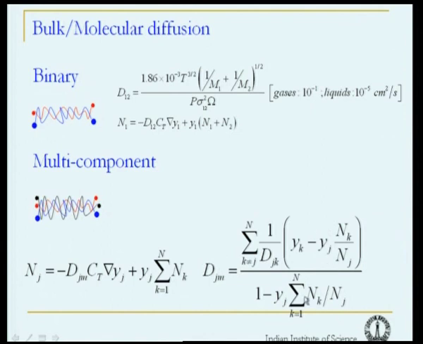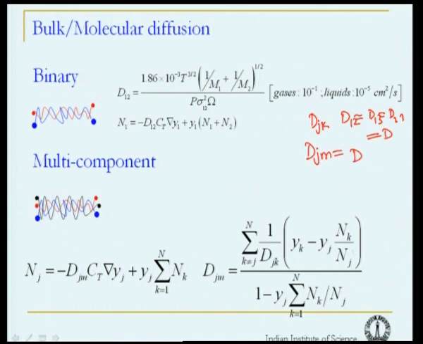This equation may look a little complicated at the moment, but let us consider a few simplifications. For example, if I say that for all pairs DJK, that is, let us say D12, D13, D23 if you have a ternary system, if all of them are equal, then as you would expect, DJM, let us say this is some value D, will reduce to this.